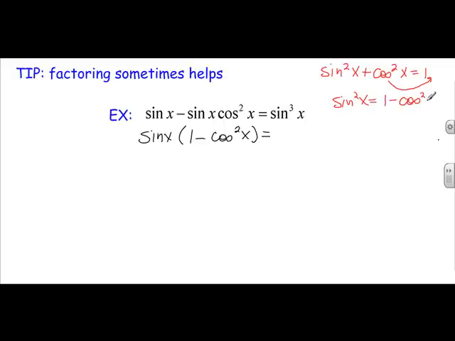So I can replace that 1 minus cosine squared x with sine squared of x. Sine x times sine squared x is sine cubed x, which is exactly what I was supposed to get.